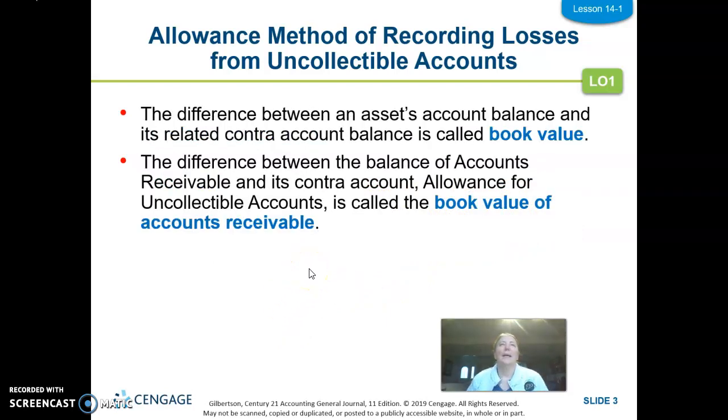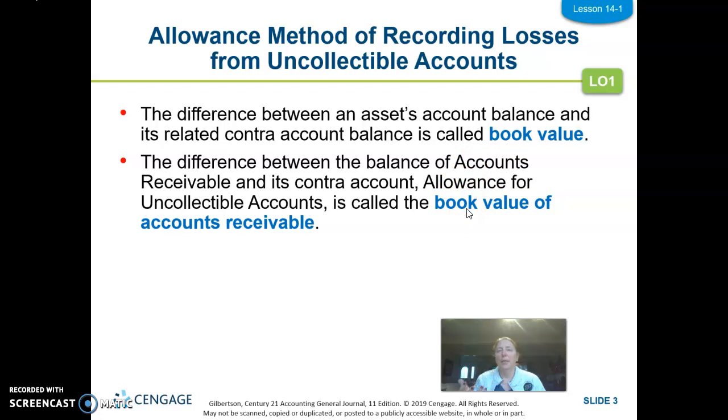On this next slide, what I would want to know if I were you is that the book value of accounts receivable, and the book value for all accounts, is an asset account balance minus its related contra. But for us in particular in this chapter, the difference between AR and the allowance for uncollectible is the book value.